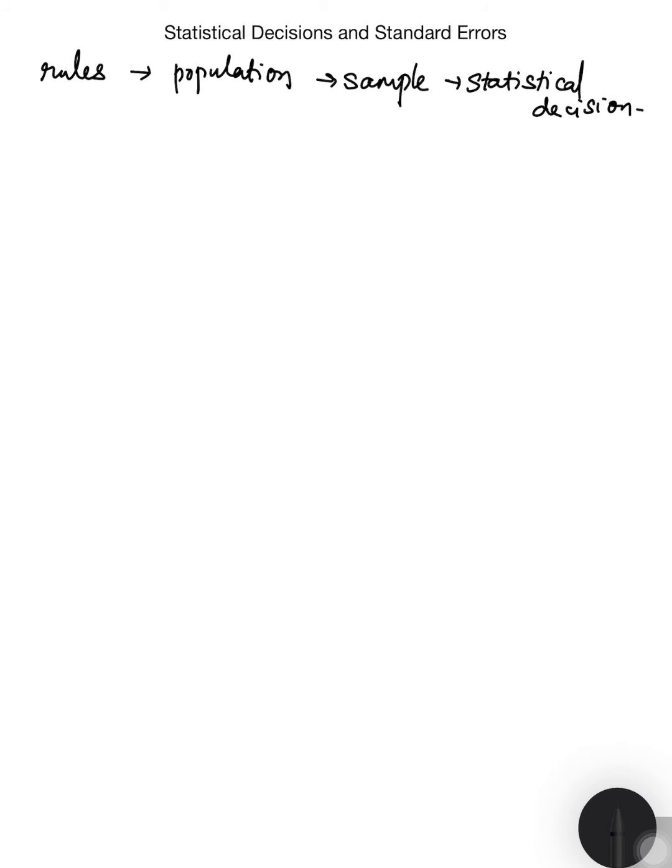For reaching statistical decisions, we are going to start off with certain assumptions or guesses. These assumptions or guesses may be true or may not be true, and these are called statistical hypotheses.